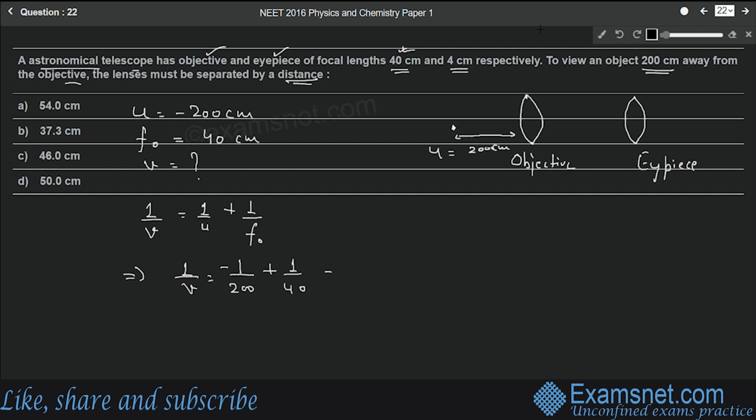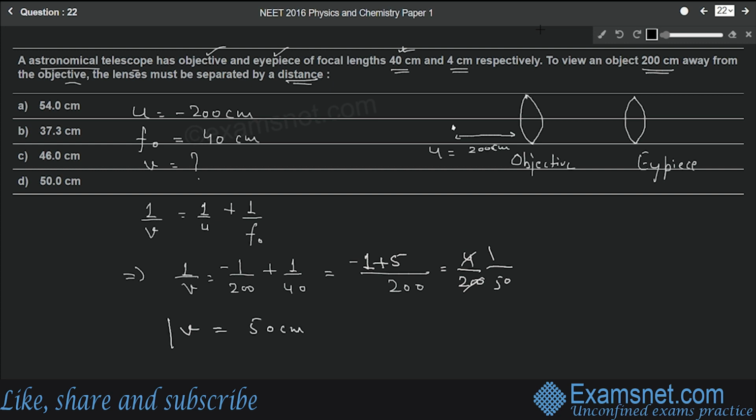Let's solve it. It will be 200 this side. Here we have minus 1 plus 5, so it will be 4 upon 200. That means 1 by 50. So the value of v, that is the image distance, will be equal to 50 centimeter.